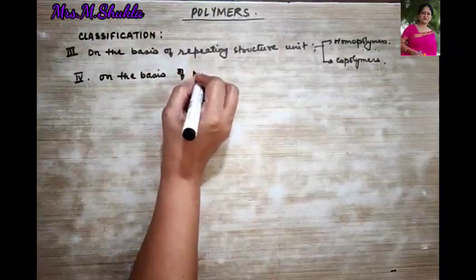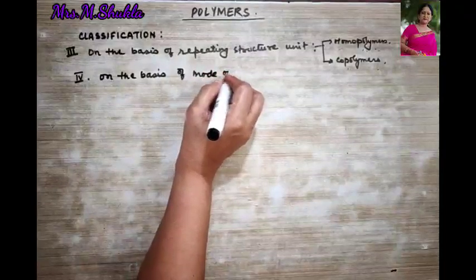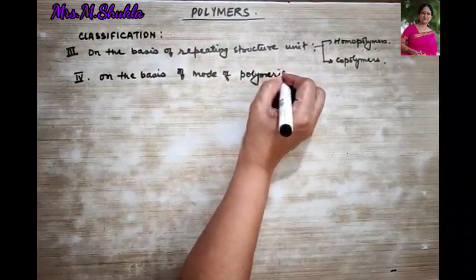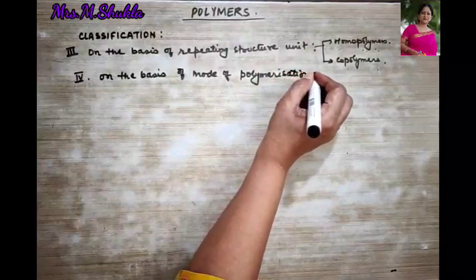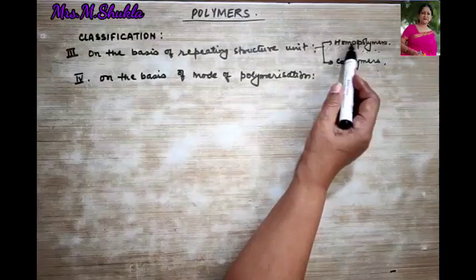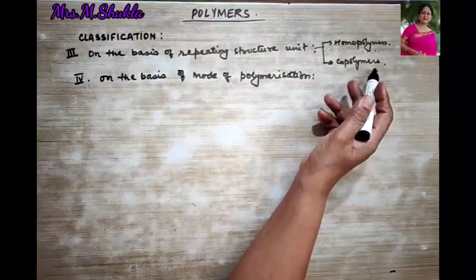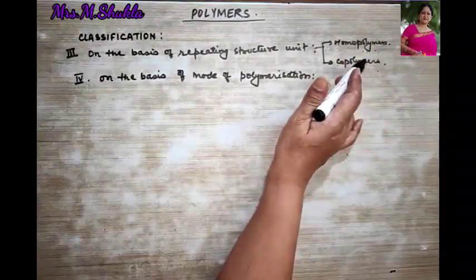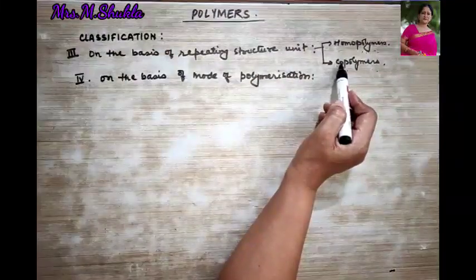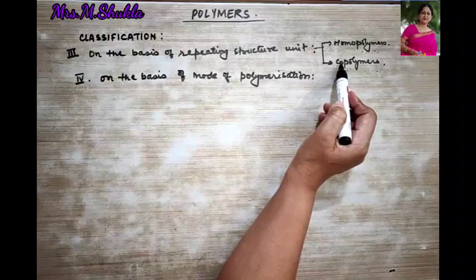Now coming to the fourth type, that is on the basis of mode of polymerization. Okay, you must be wondering I did not write anything about this because about both these homopolymers and copolymers I had discussed it in detail in your previous video. So if you want to check this out, go through your first video.